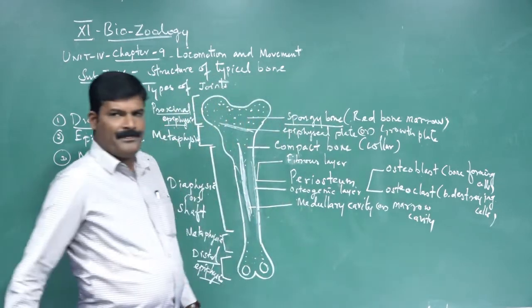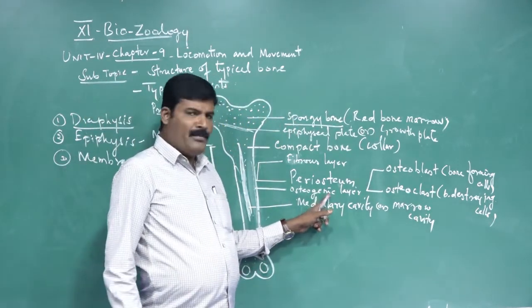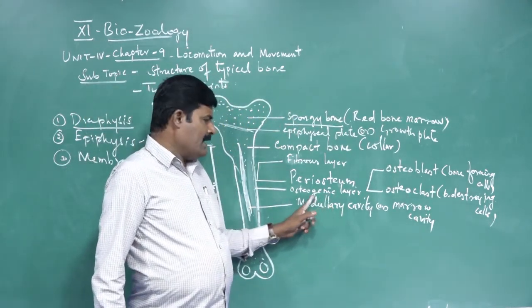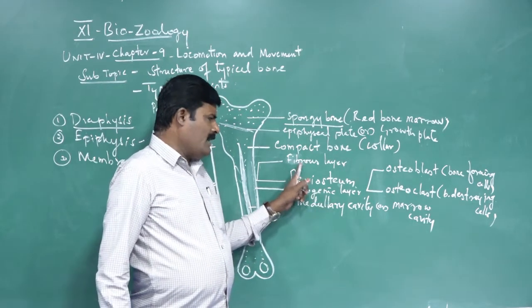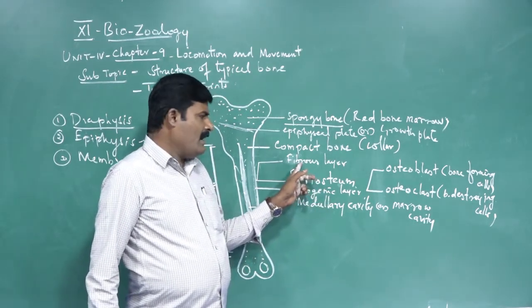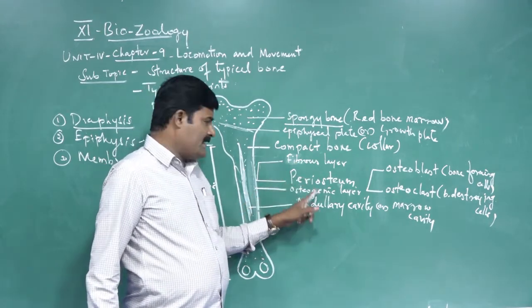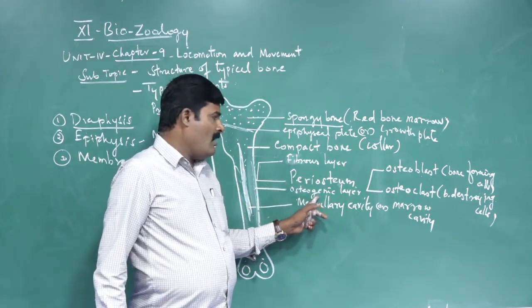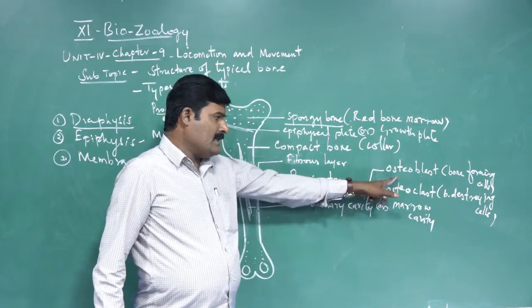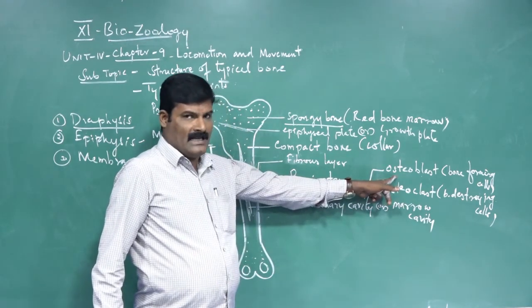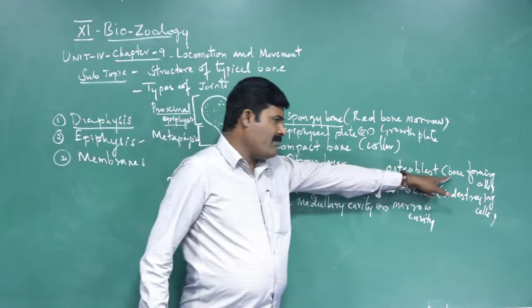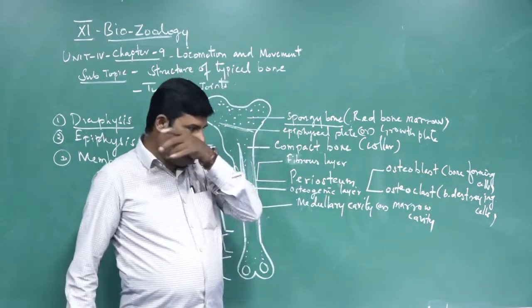Listen carefully: the inner layer of the periosteum is the osteogenic layer because it synthesizes osteoblast cells, the bone forming cells.